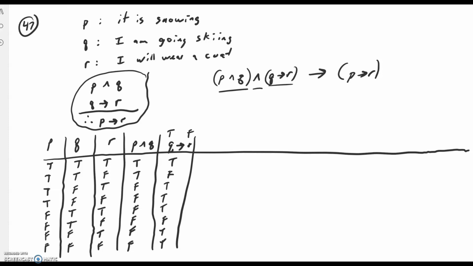And then we need an AND statement on these two. Probably should have used a little more room there. I apologize, but I didn't. So there we go. So we're doing an AND, and the only way an AND can be true is if both parts are true.